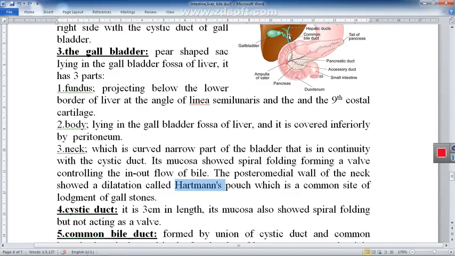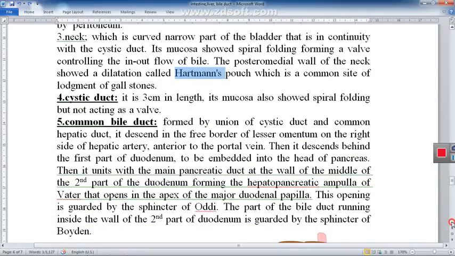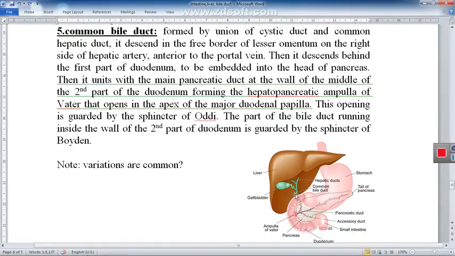The cystic duct unites with the common hepatic duct to form the common bile duct. The common bile duct, as it begins by union of the cystic duct and common hepatic duct, descends in the free border of the lesser omentum.